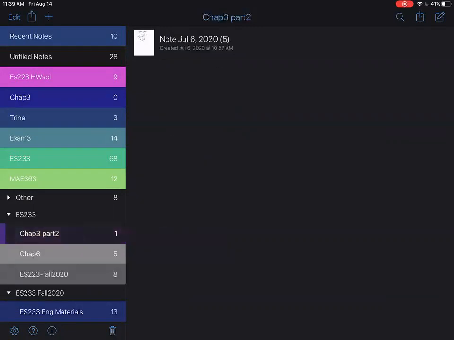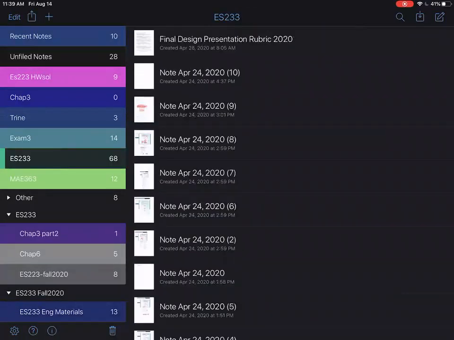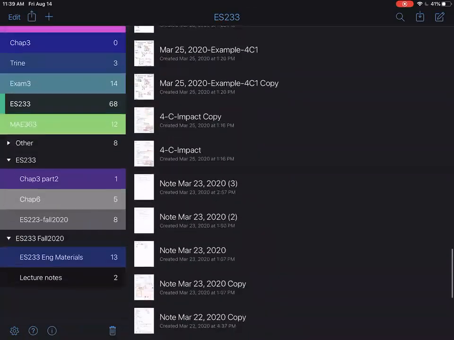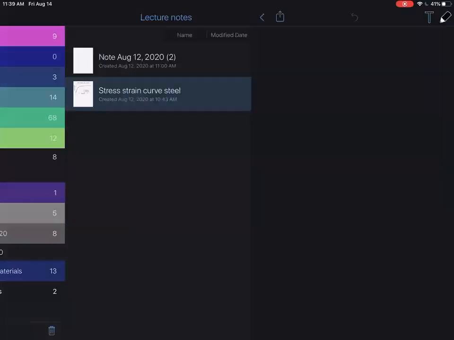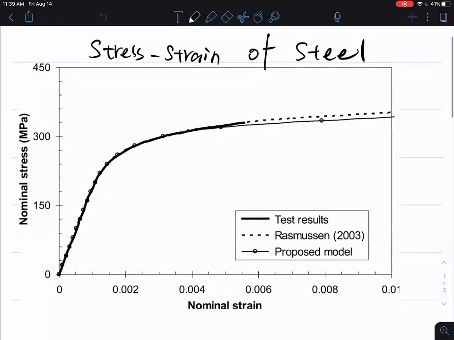So this is the stress strain curve of steel. One type of steel I found on Google. And let's do some practice with this.